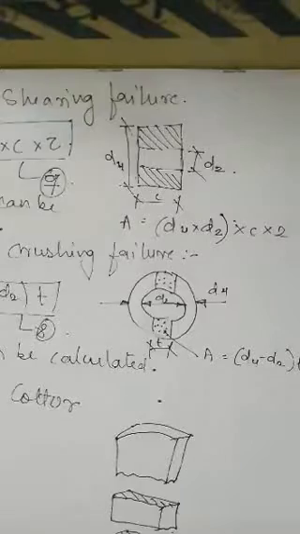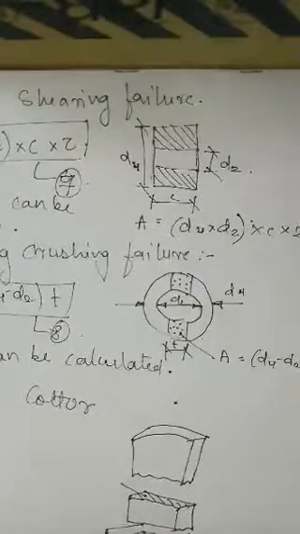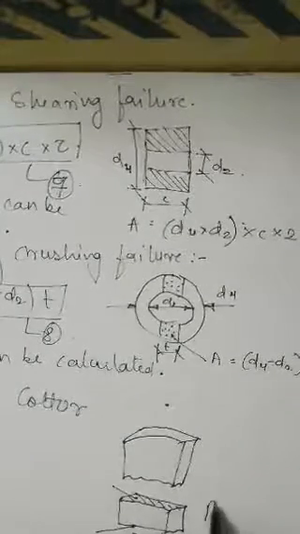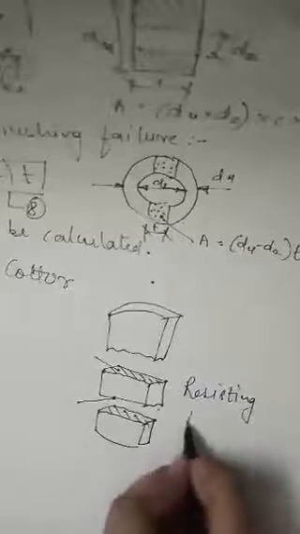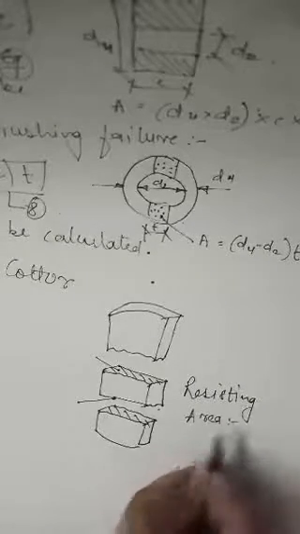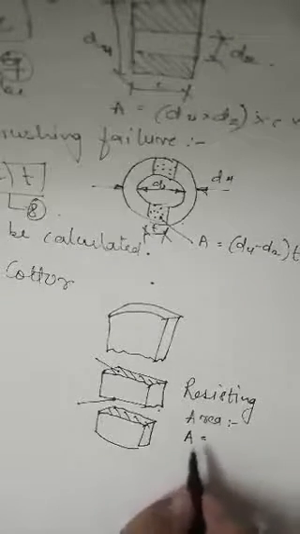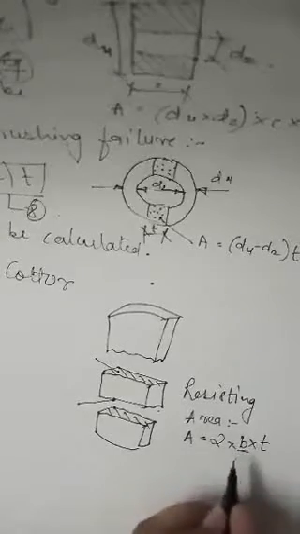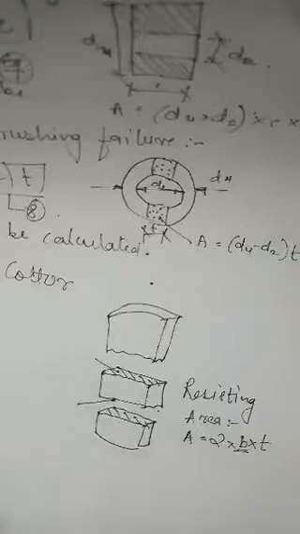For this there will be double shear, one here and another below this surface. For this the resisting area will be A equals 2 into B into T, where B is the mean width of this cotter pin.